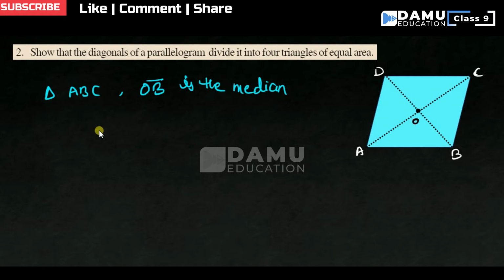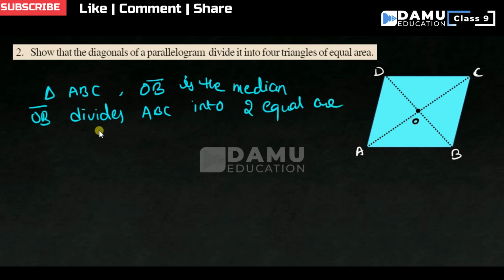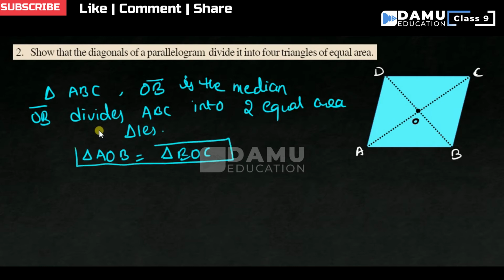Then OB divides triangle ABC into two triangles of equal area. That means triangle AOB is equal to triangle BOC.